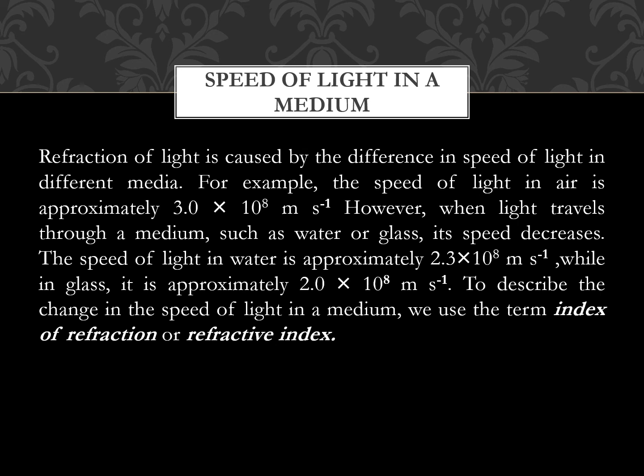The speed of light in water is approximately 2.3 into 10 raised to power 8 meters per second, while in glass it is approximately 2 into 10 raised to power 8 meters per second. To describe the change in the speed of light in a medium, we use the term index of refraction or refractive index. And what is the refractive index? It is n equals sine i by sine r.